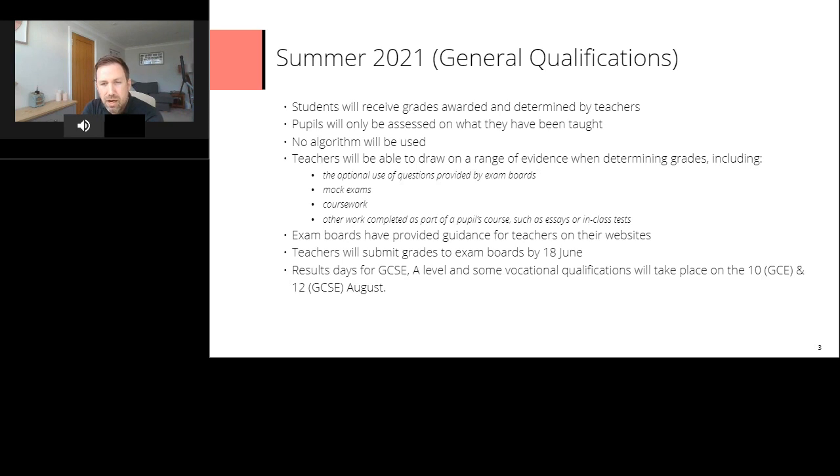As a reminder and as a departure from the initial approach to last summer, no algorithm will be used in determining grades this year, so we will not be applying an algorithm to the grades that you award this year.